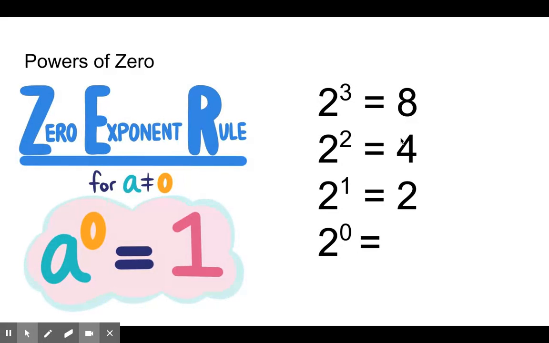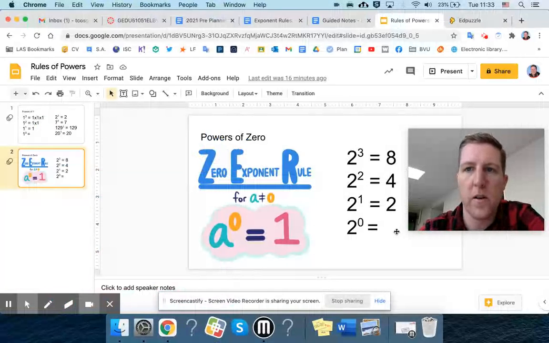So that's one way that the pattern works. As we decrease the power, we're dividing by the base in this case. And if we do 2 divided by 2, we end up with 1. There's another explanation that we'll learn as we go through the next lessons, but that's the explanation I want you to focus on for now. So that's our first two pieces of information about that.